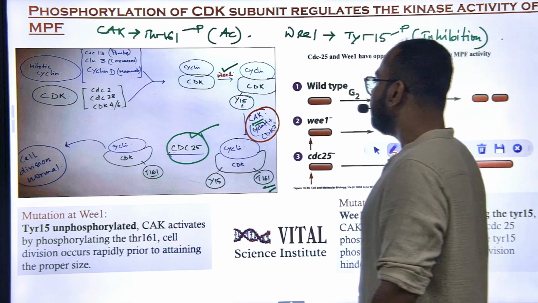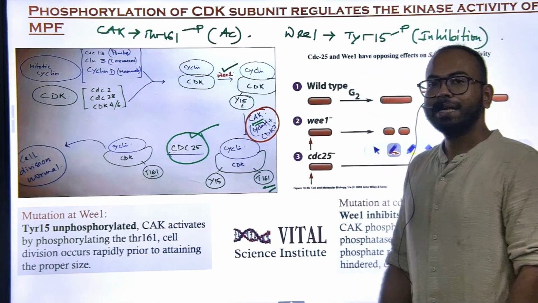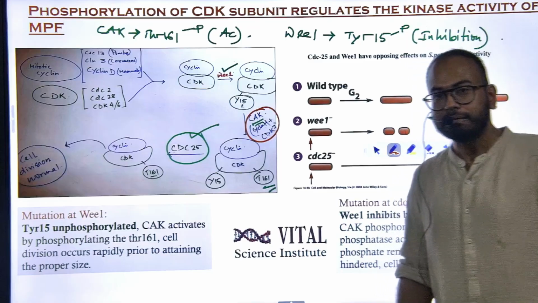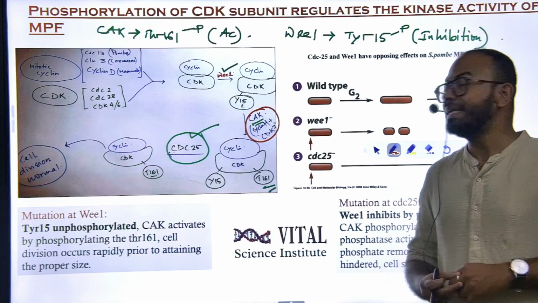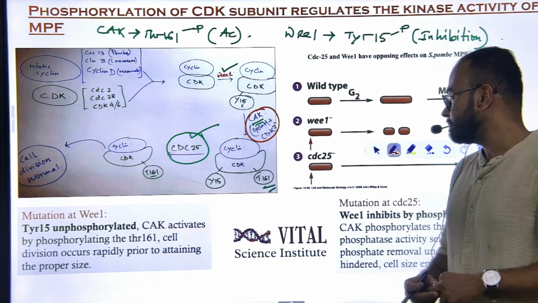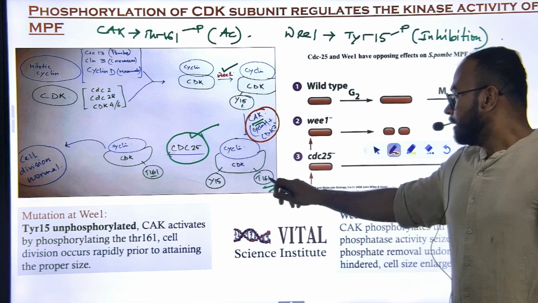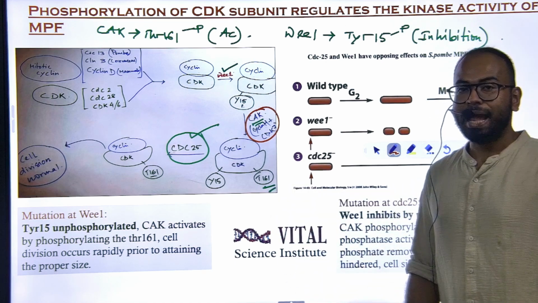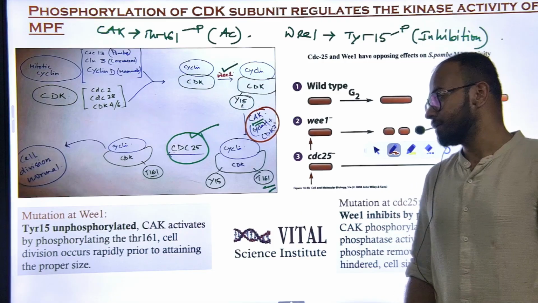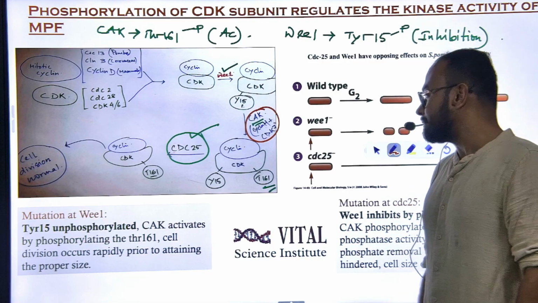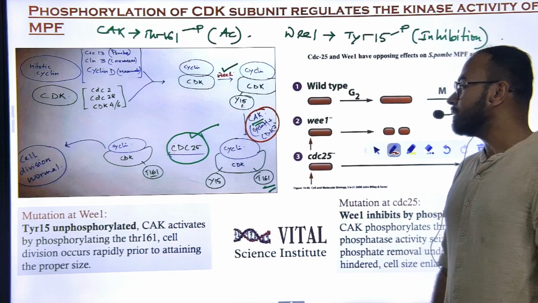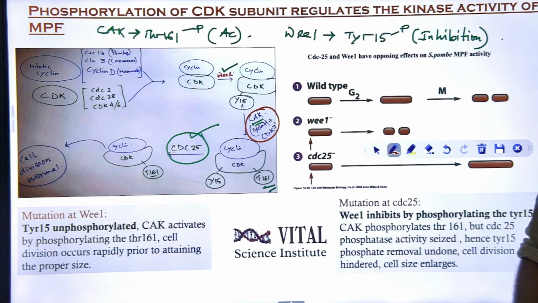What cyclin activating kinase does is it again phosphorylates threonine at position 161.